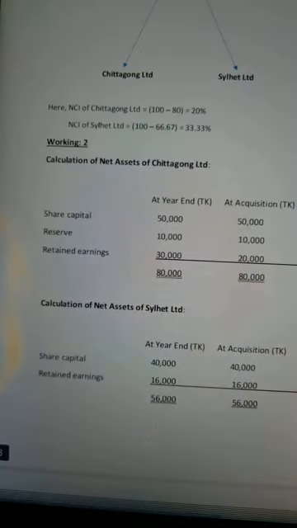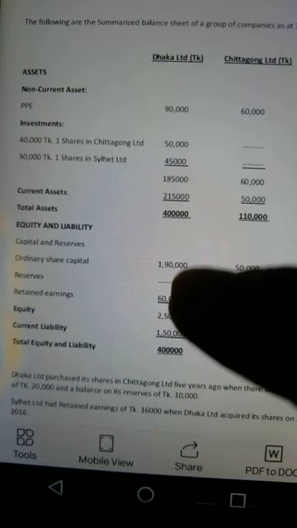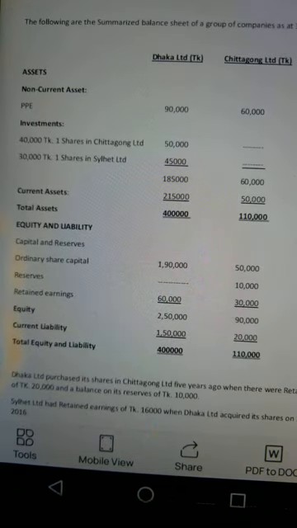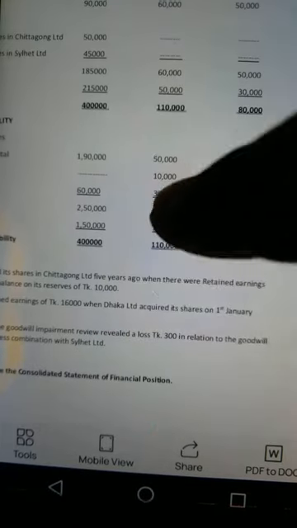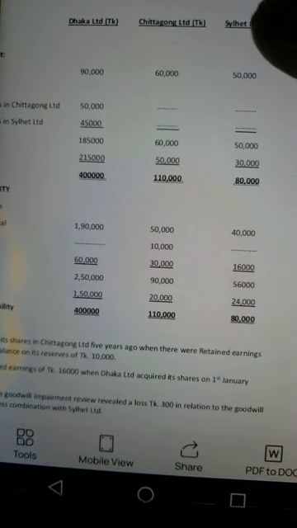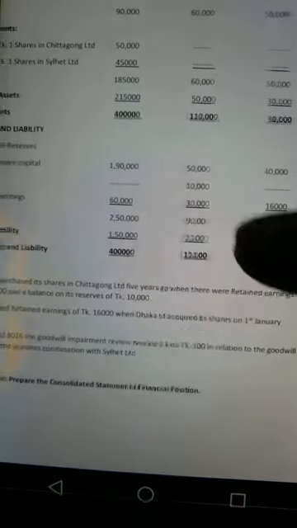So let's go to the question. We can see that the ordinary share capital of Chittagong is 50,000 and Silat Limited is 40,000. So we have to write 50,000 here.